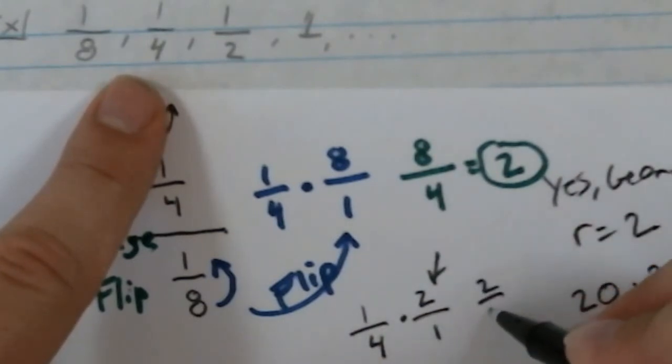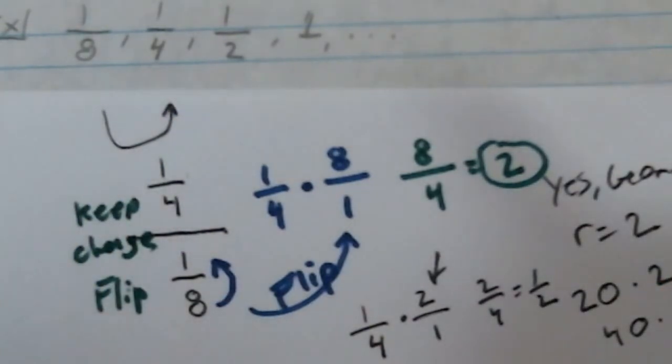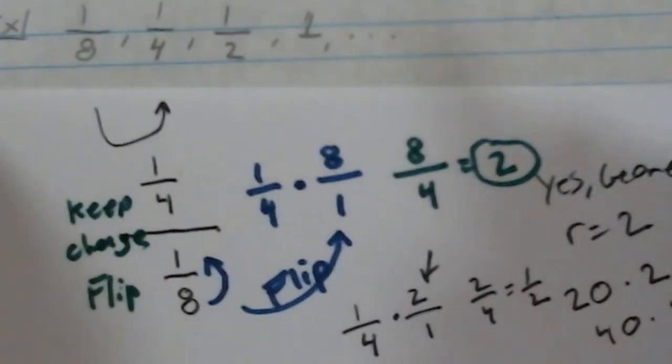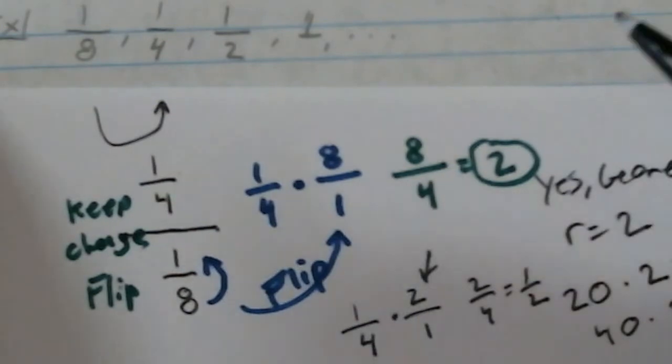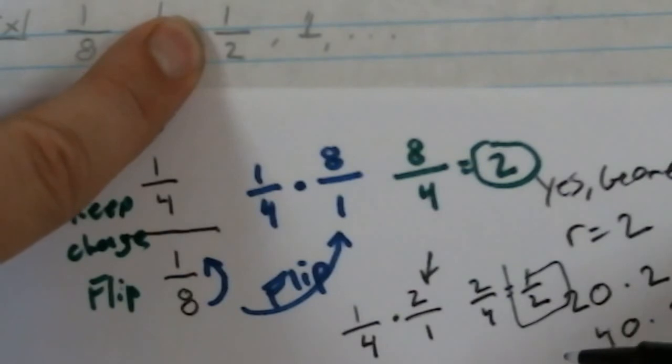So you get 2/4, which is 1/2. Okay. And that's correct, which is 1/2, which is 1/2 there. So it works.